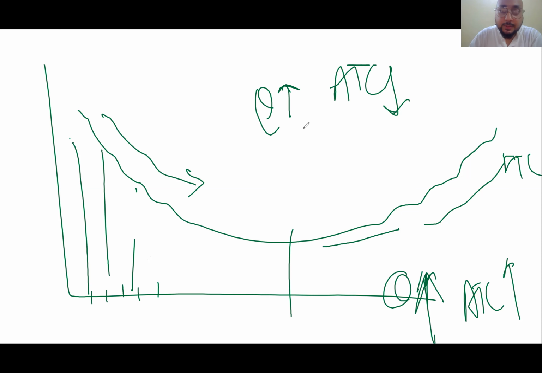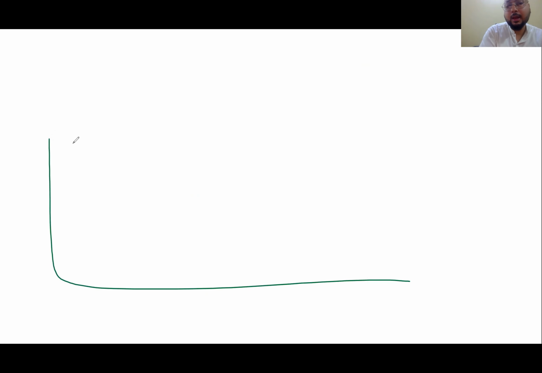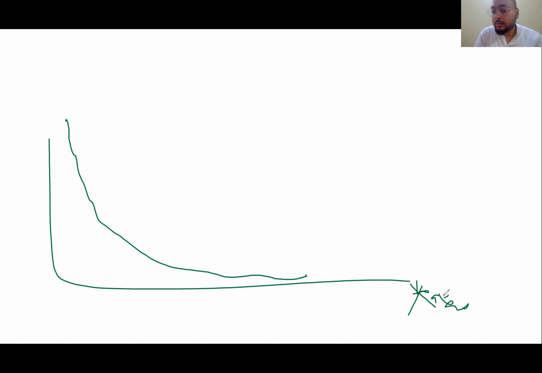Okay, up till now, what have we discussed? We have discussed average fixed cost declining and declining, but never touching the x-axis. Why is that? Because fixed costs remain fixed, if we're talking about average fixed cost, not total fixed cost. Average fixed cost is equal to total fixed cost divided by quantity.